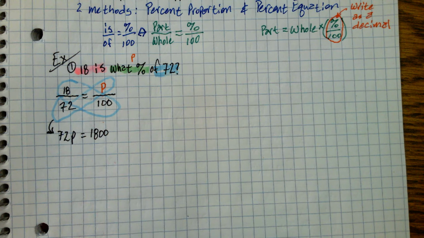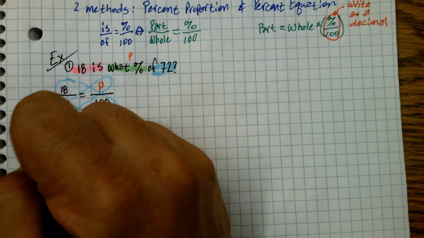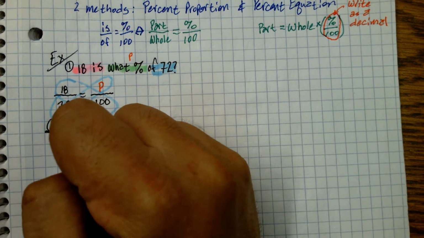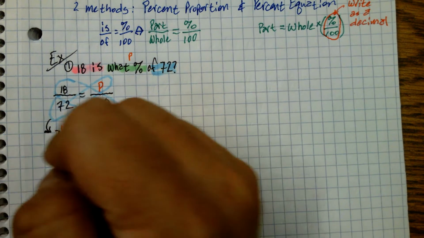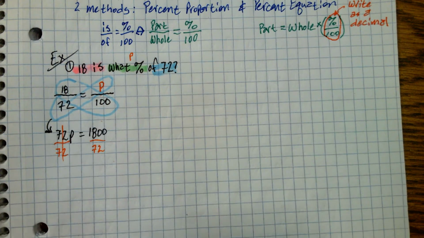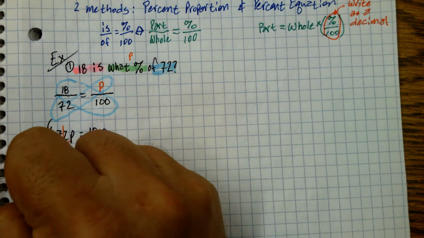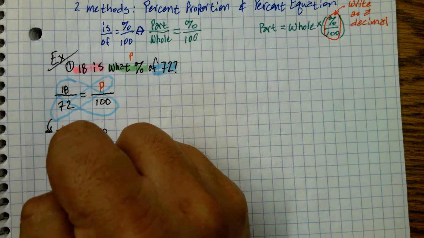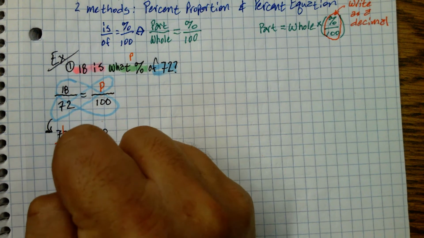And then since it's multiplication, we'll divide away the coefficient, 72. Okay, so what do we get as an answer? 25%. Easy peasy.